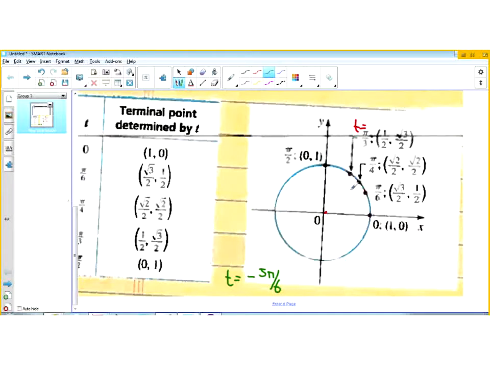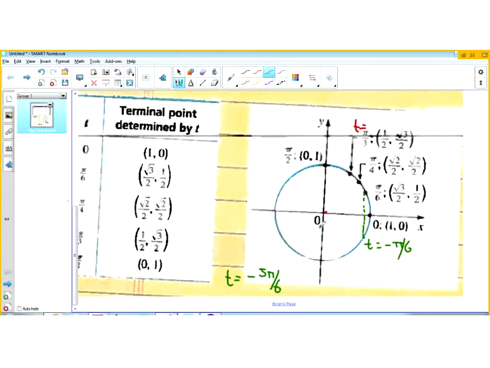Well, we make use of the information shown in this graph right here. We know the coordinates of the terminal point of pi over 6. Now, by symmetry, since the circle is symmetric with respect to both the x and y axes, this point right here would be for t equals -pi over 6.